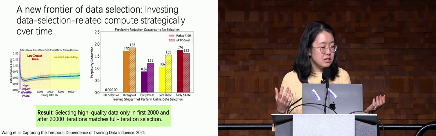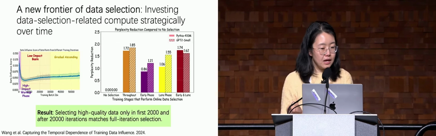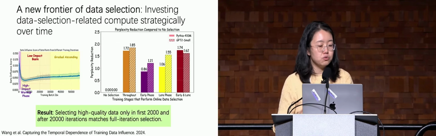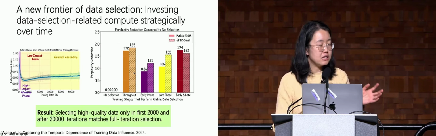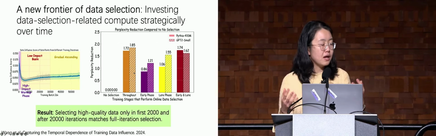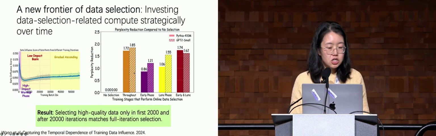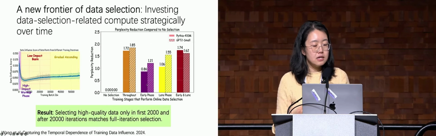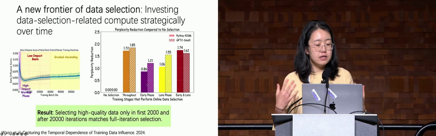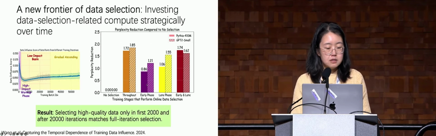For those stages that are more influenced by data, maybe you can spend more compute to find higher-quality data points. Whereas for those stages that are less responsive, maybe you can be sloppy about your data selection and save compute. Okay, so this is just a pilot study of how we can improve data selection efficiently, under computation limits.